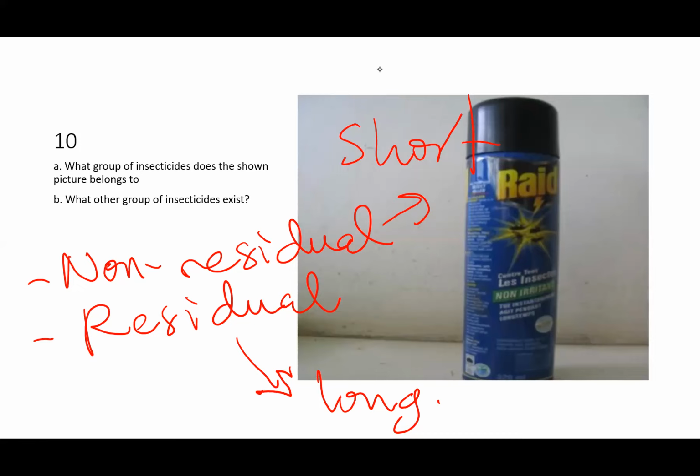Sometimes they are applied for crawling insects, where you just sprinkle them on the floor, apply some on the wall, and they are there for some period. When the crawling insects come in contact, it kills them. So this particular one is a non-residual type.